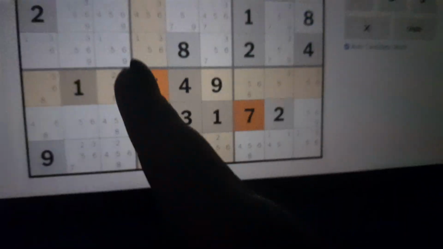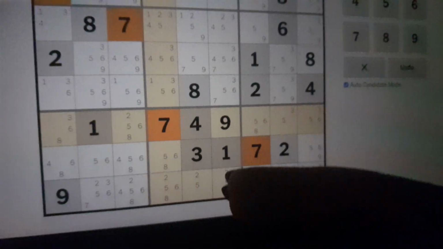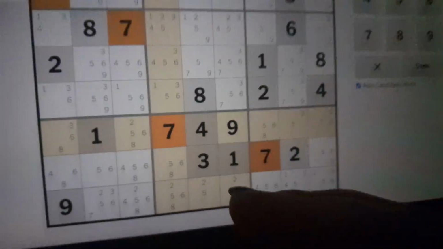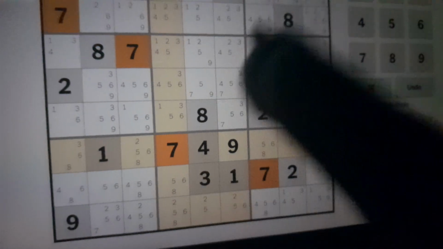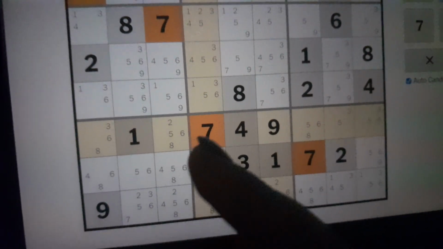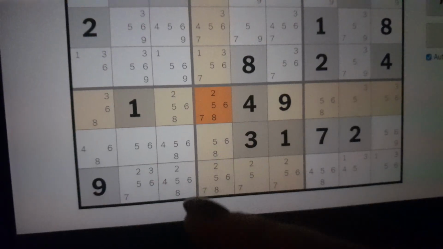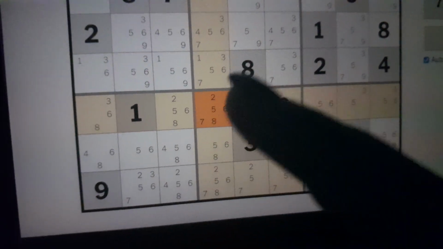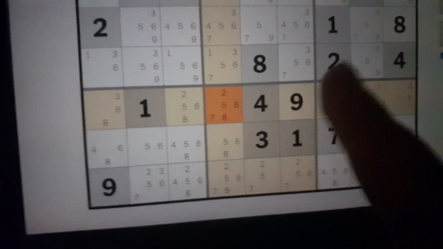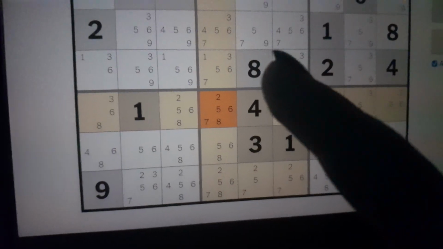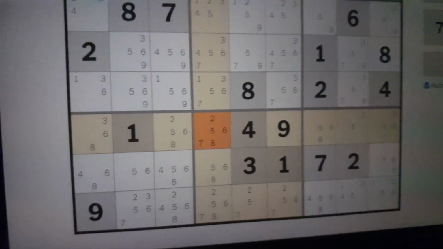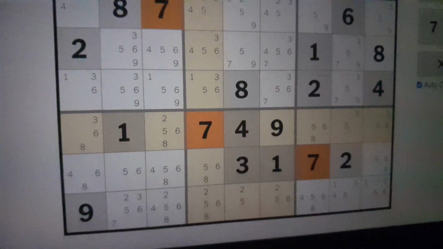Because, again, bear in mind, basic Sudoku rules is that you need every single number appearing only once in every block, row, and column. So, regardless of if there are other places here where 7 could be, you focus on the row or column where it only appears once, and that's where you place it.